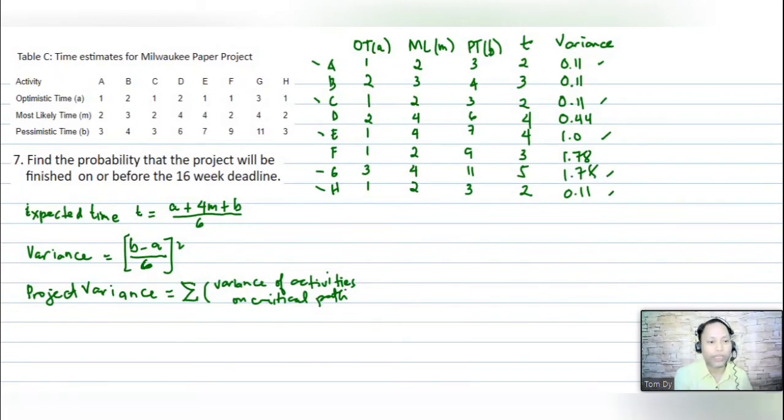So all we have to do is sum up our variances for this part. Okay, so that we have here our project variance formula, I mean the symbol. So let me rewrite it. I will write it again.